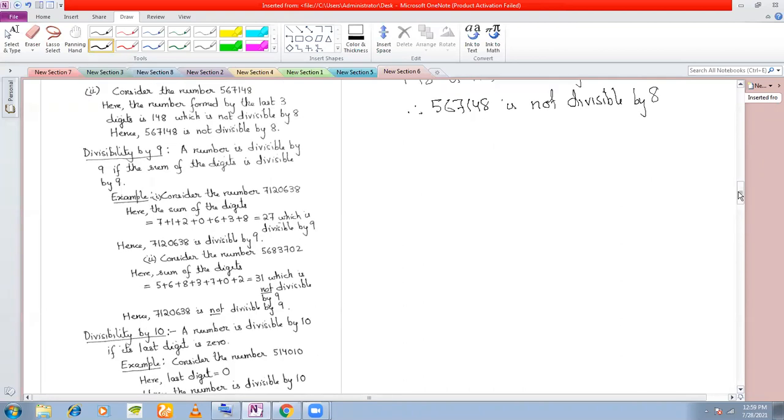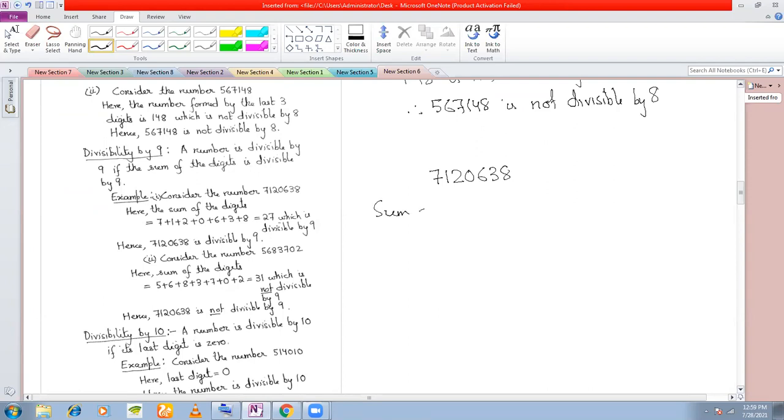Divisibility by 9 is very similar to divisibility by 3. If the sum of the digits is divisible by 9, then the entire number is divisible by 9. Let us consider 7120638. I want to check whether this number is divisible by 9.